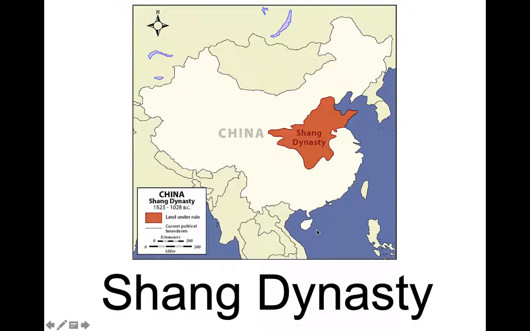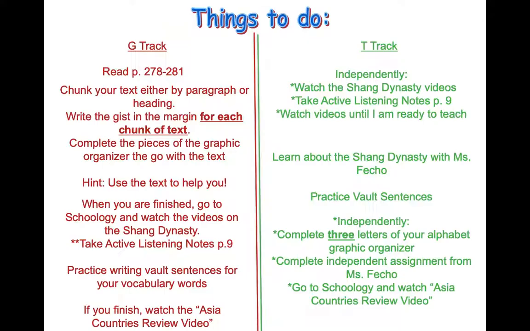So what can you infer from the map by looking at the Shang dynasty? Maybe you infer that for 4,000 years in the past, it's actually quite large. Or maybe you're saying, oh, it's not that big compared to modern China, which is also true. But also remember that the communication and lack of transportation really would limit the size of the dynasty.